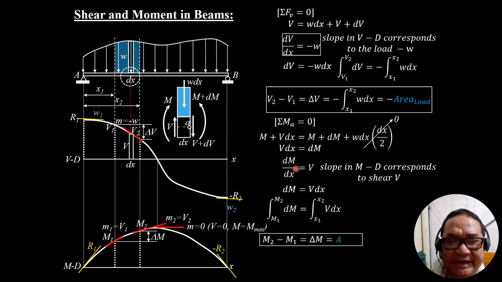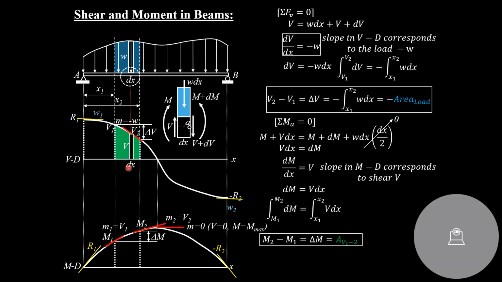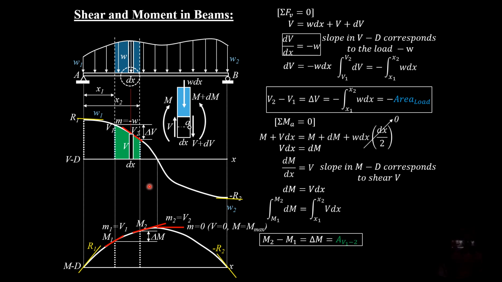So dm equals, let's continue. The differential m equals shear times differential x. So we again consider a strip in the shear curve. The height of the strip is shear, constant. The thickness is dx. So therefore, differential m is shear dx.